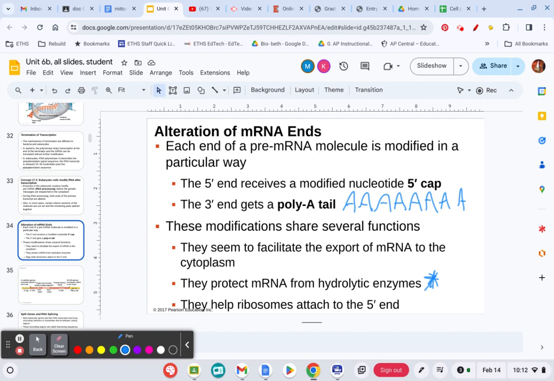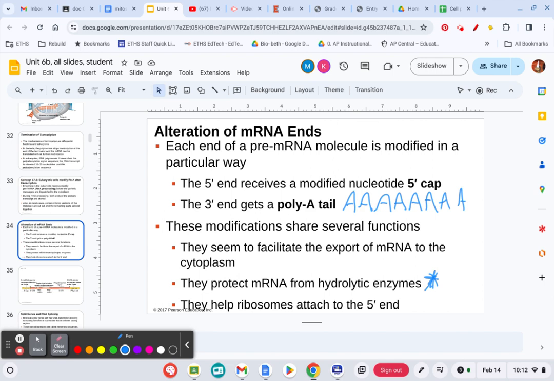And these are found in the cytoplasm, and they're there to attack or destroy anything that doesn't belong there. So having that cap on there tells the enzymes this particular molecule, this mRNA, is supposed to be here. We don't want to break it apart. We don't want to dissolve it.